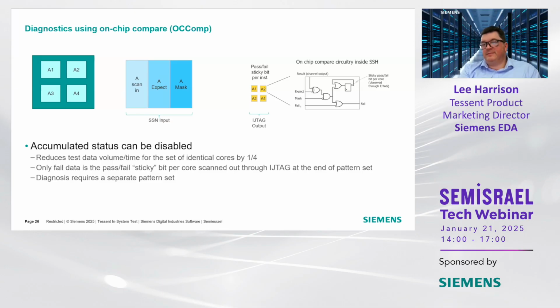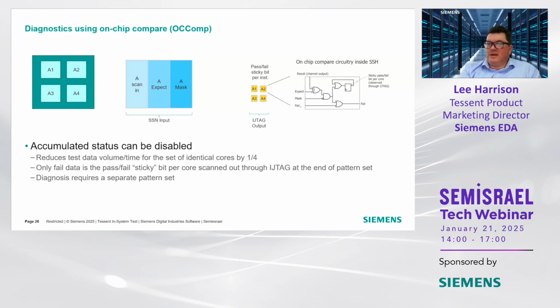Because you have an SSN-based design, you have multiple cores, and using what we call on-chip compare, we can basically run the ATPG patterns in system and determine if you have any failures, which cores those failures actually are in.